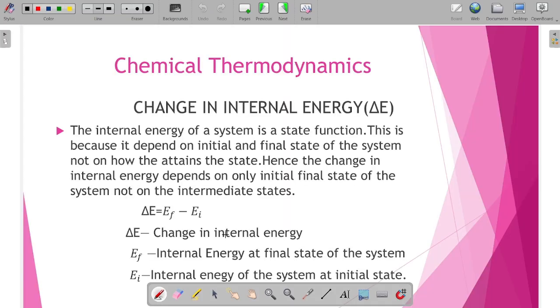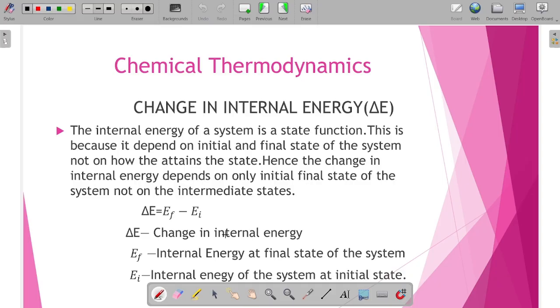So as we are not able to find the absolute value of the internal energy, we may be able to find the change in internal energy. If we give the initial and final value, the change can be ascertained or determined.